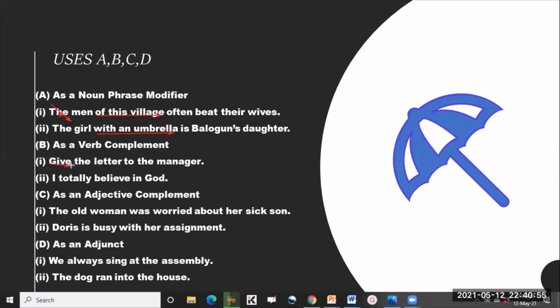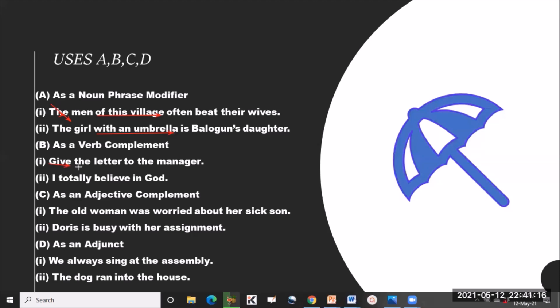So when we say give the letter to the manager, we are looking at what really completes the meaning of the verb.